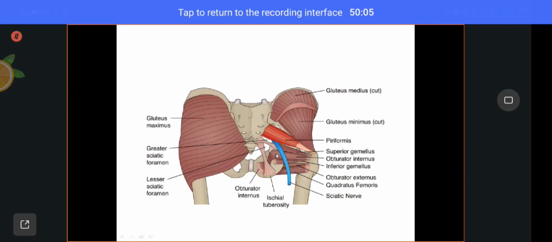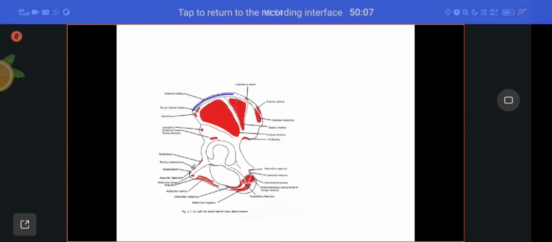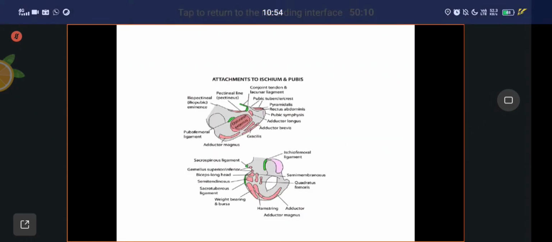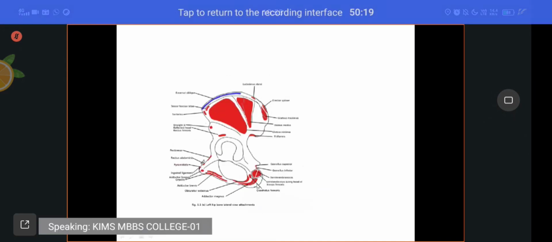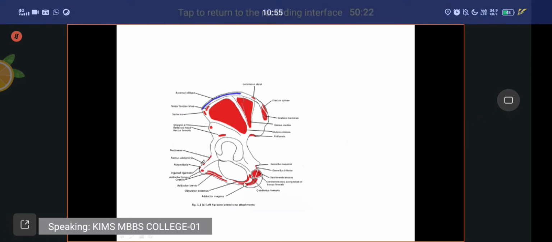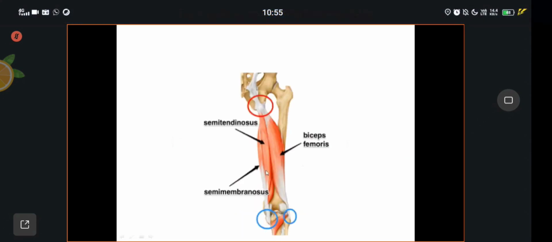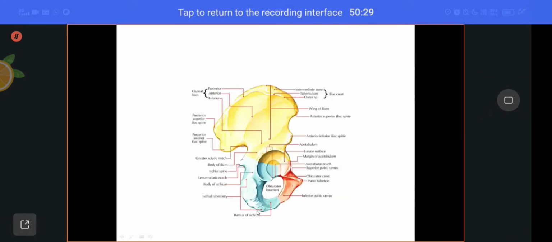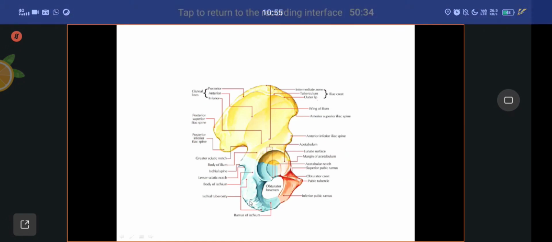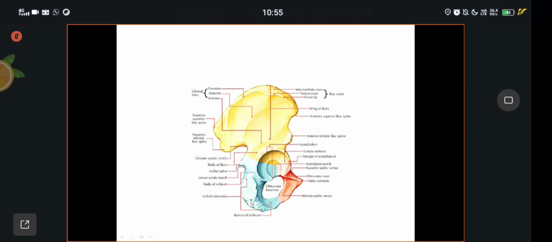So now we will study some more. If you see here, again the same thing. This is the ischial tuberosity, the lower end of the ischium, and it is divided by the horizontal line into an upper aspect and a lower aspect.